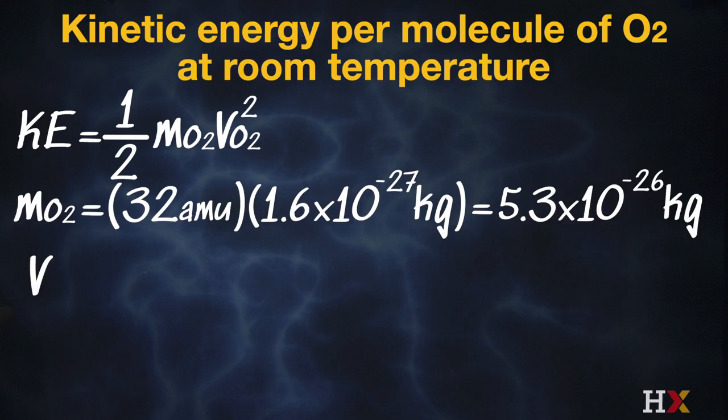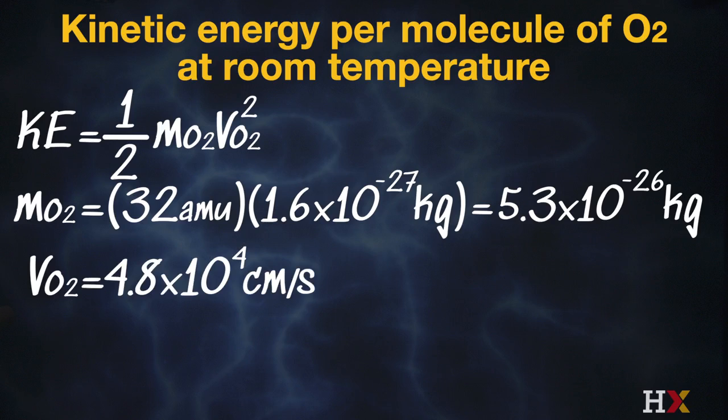But now I have to put in the velocity. The velocity is actually quite interesting. The velocity of oxygen at room temperature, the average velocity is about 4.8 times 10 to the 4 centimeters per second.